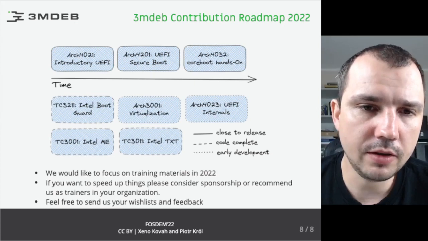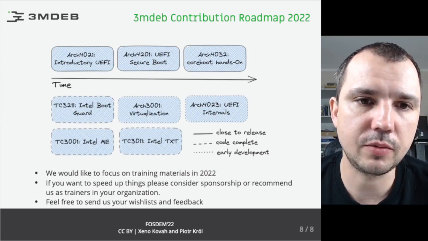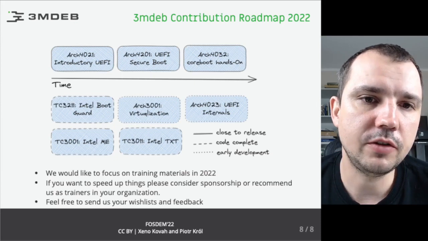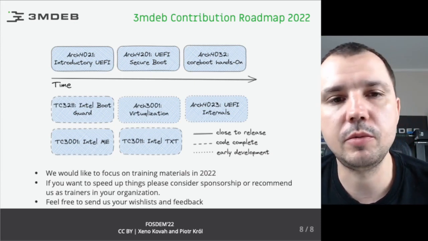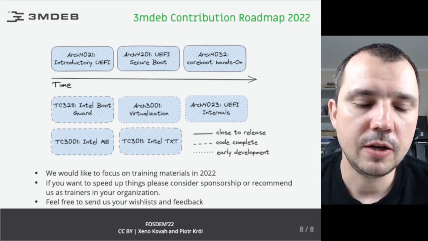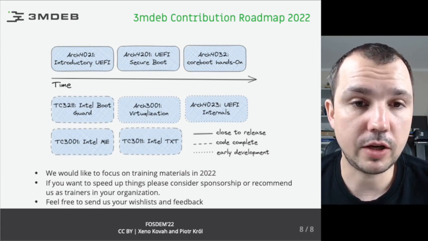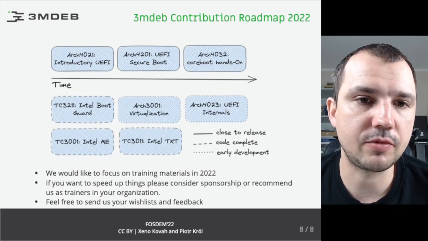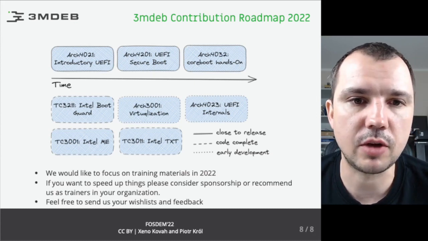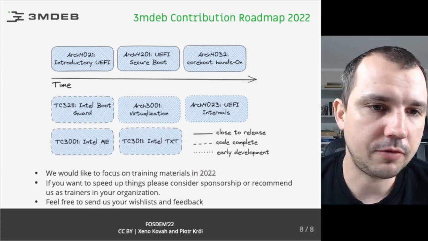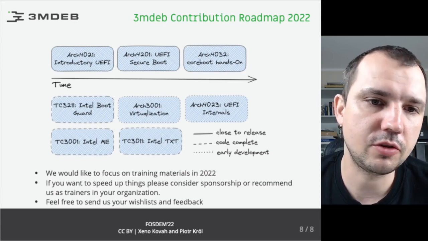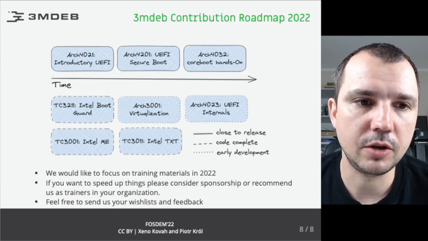And then ARC 3023, which is UEFI Internals 1, and there will probably be UEFI Internals 2. That one is very extensive. It has a lot of chapters. Right now we just created capsule update, which is not enough for doing a presentation, but maybe this year we can do more.